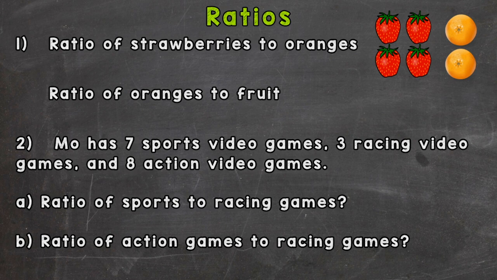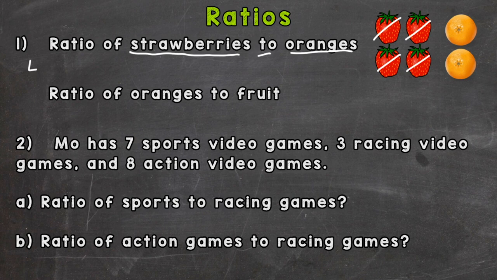Now with ratios, order matters. Whatever comes first in your problem needs to come first in your ratio. So strawberries to oranges. So strawberries have to come first. So let's see how many strawberries we have. Well, 1, 2, 3, 4.